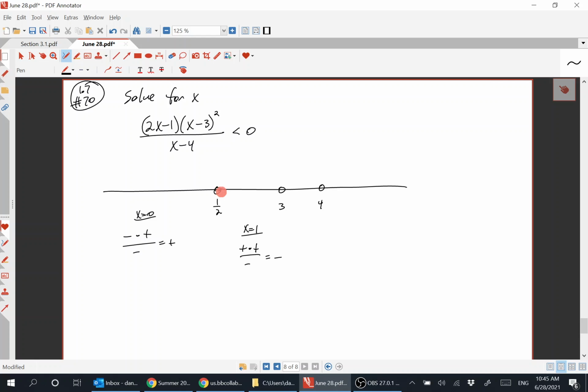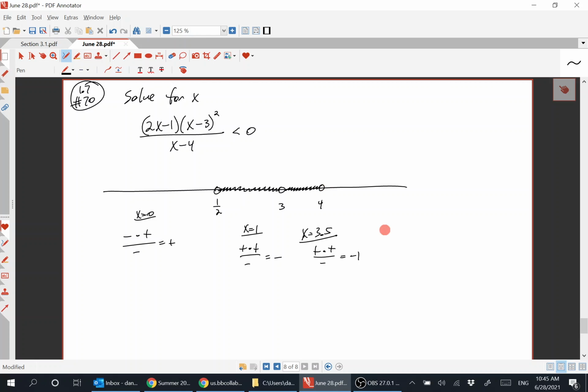So this is part of the solution because it's less than 0 inside there. Between 3 and 4, x equal to 3.5. So this is positive, that's positive, this is still negative. So it's positive times positive over negative, so the whole thing is negative. So this is part of the solution.